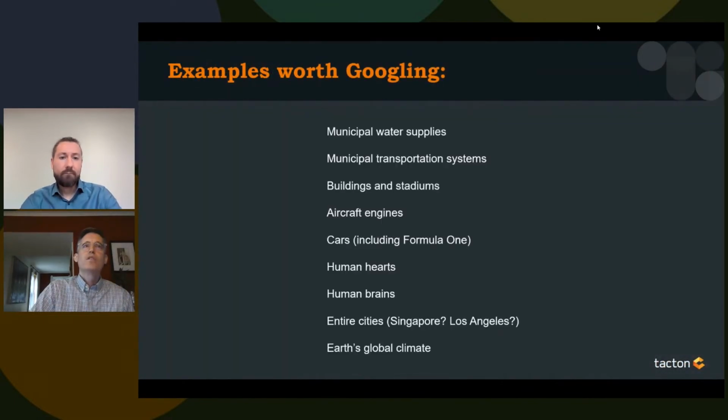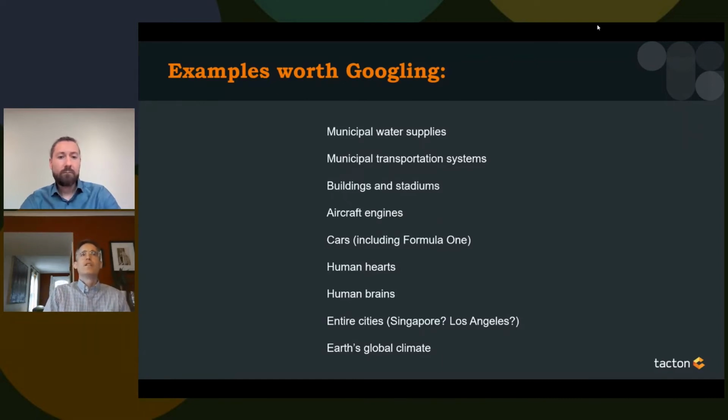So to kind of summarize this, but before I do, I wanted to throw in a slide. If you're interested in this, there are some phenomenal examples of digital twins out there. Not all in the manufacturing space, but very inspiring. There are digital twins in municipalities, things like water supplies and transportation systems, where there's this real-time representation of what's happening.